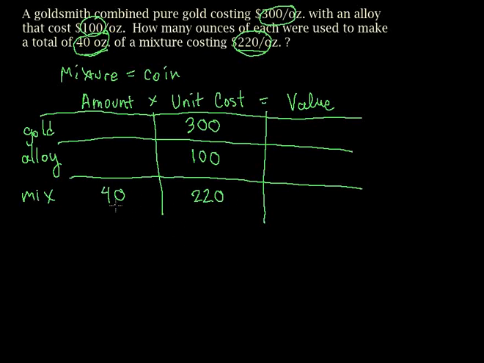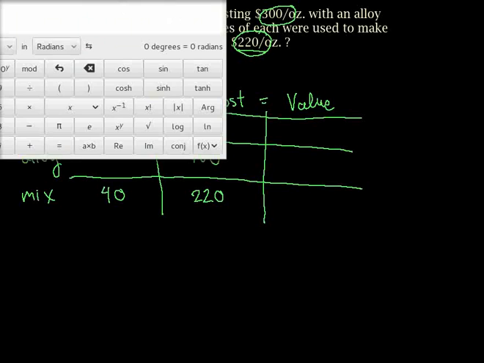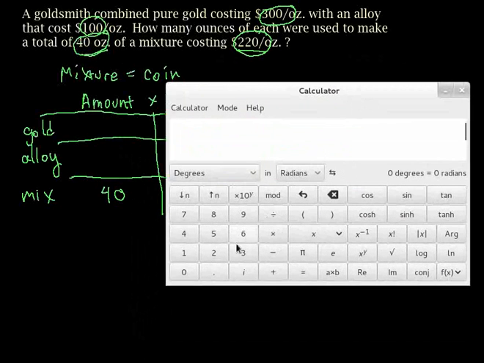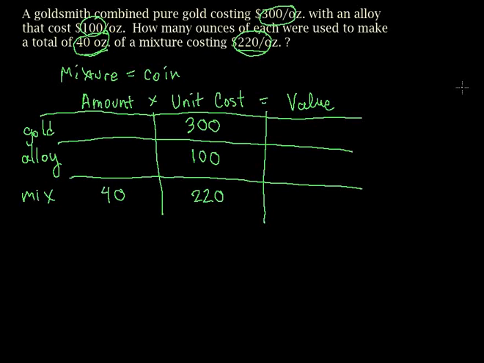Well, we know that 40 times 220, the amount times the unit cost, is going to equal the value. Let me get up a calculator here. And we know that 40 times 220 is going to equal 8,800. So in this right-hand column here, this is 8,800.